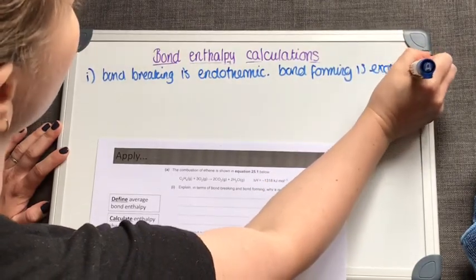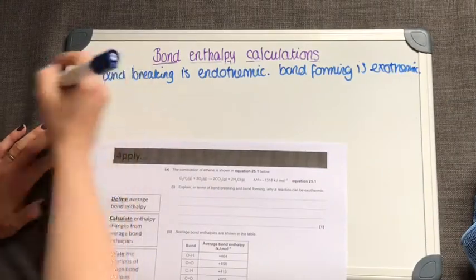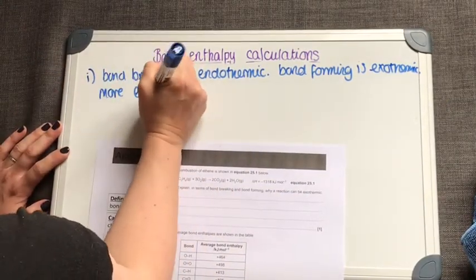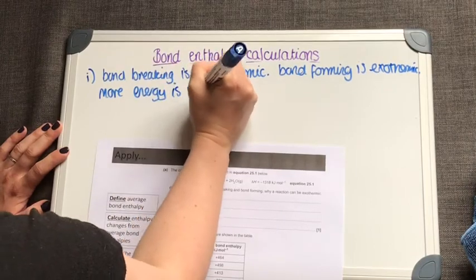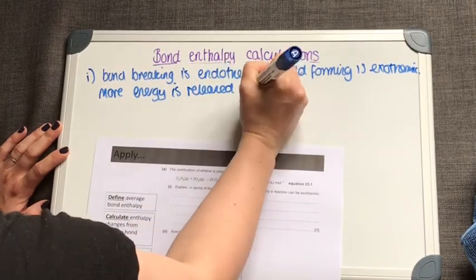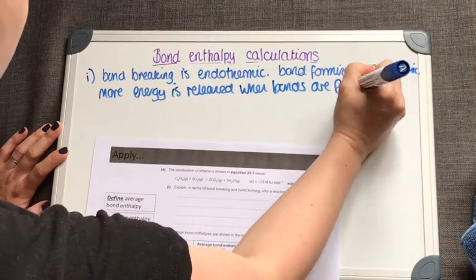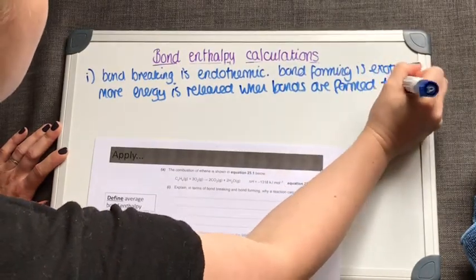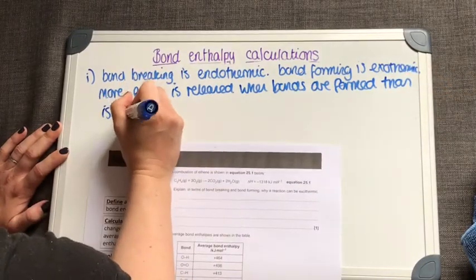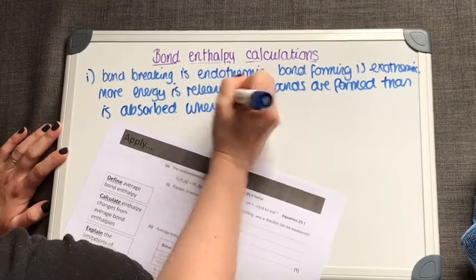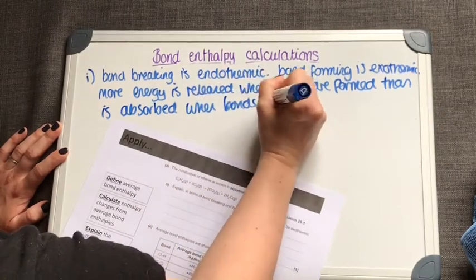It releases energy. For an exothermic reaction, more energy is released when bonds are formed than is absorbed when bonds are broken.